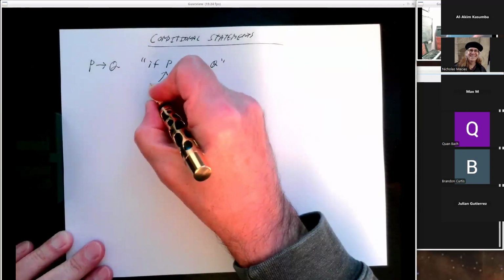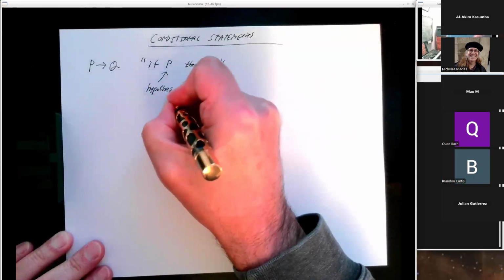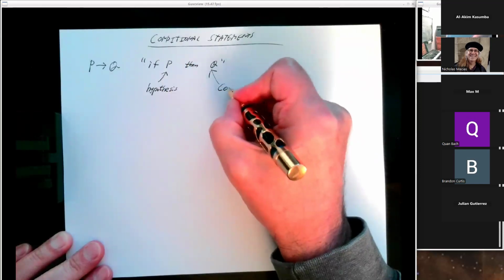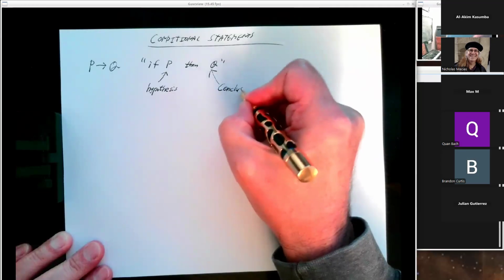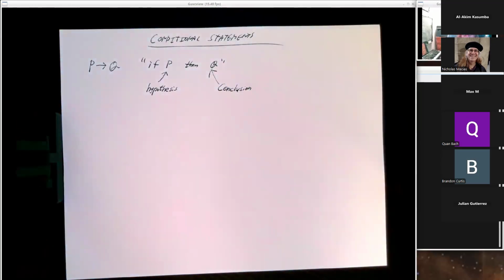P we call the hypothesis. And Q we call the conclusion. Because we'll talk about those pieces a fair amount.